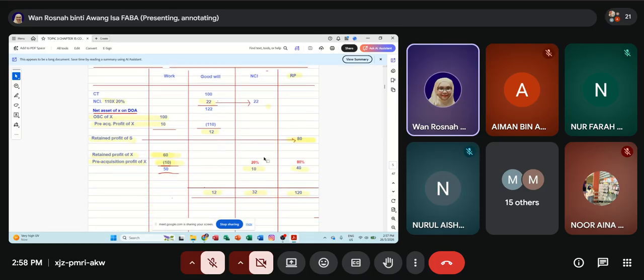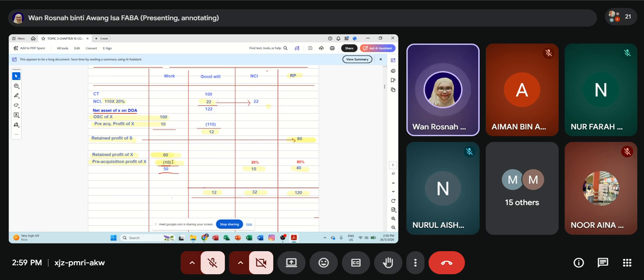And then you need to calculate in order to get the group retained profit for S and X. You have to calculate post-acquisition reserves, whereby it's going to be shared between non-controlling interest and group profits. So to calculate post-acquisition profit, you include retained profit of X, which is 60,000.